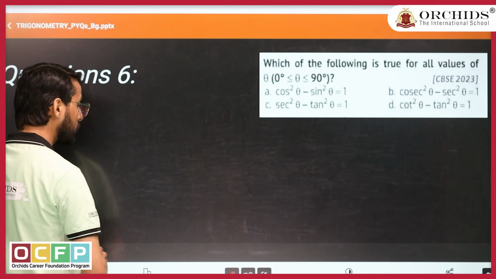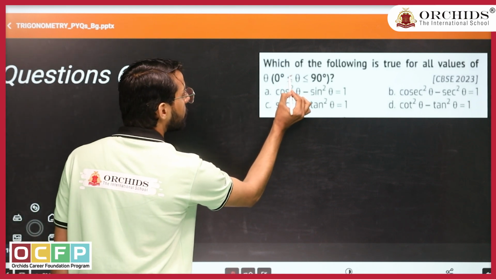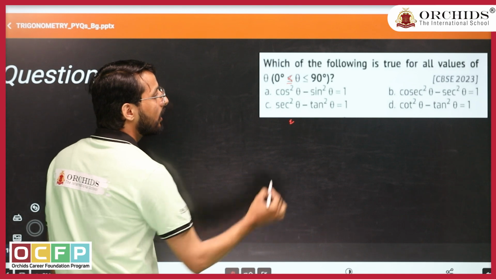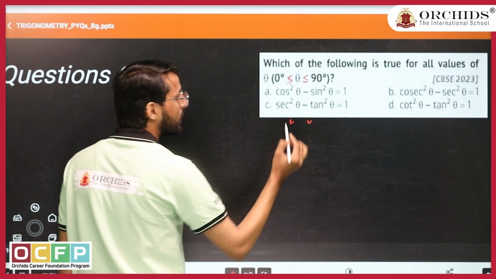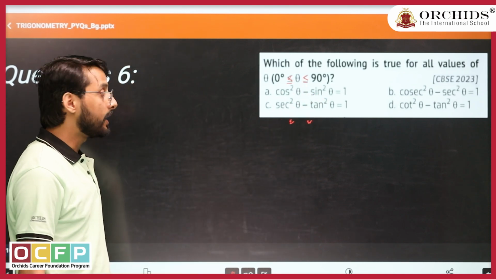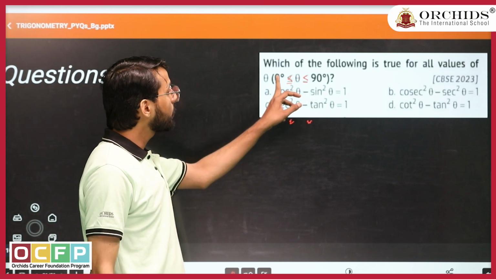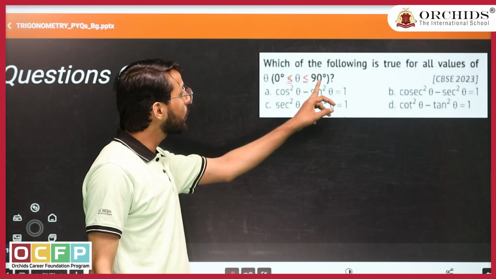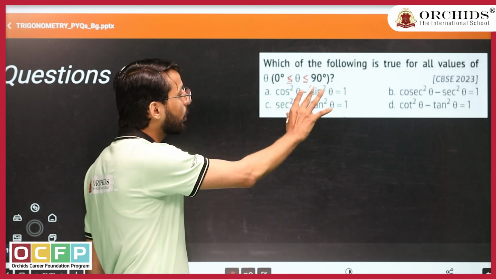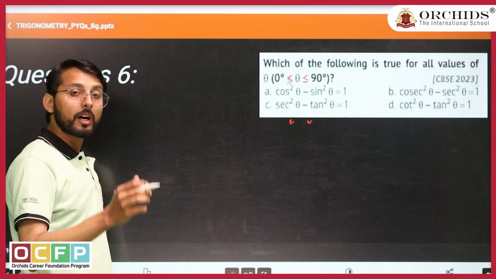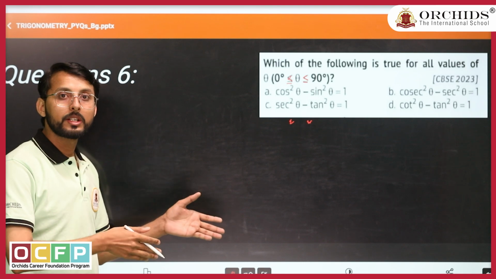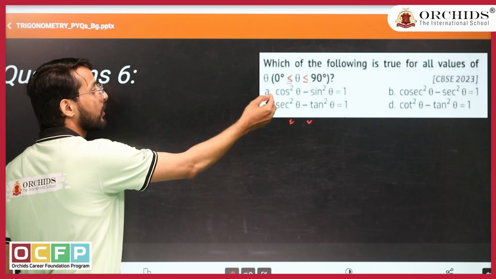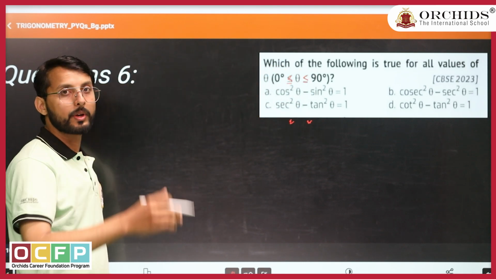How can we include 0 and 90? You can see this symbol, equals to is also there. This is a different kind of inequality where theta belongs between 0 to 90, including 0 and 90 also. So out of 4 options, without taking your pen, can you do it? Suppose cos square theta minus sin square theta, what is coming to your mind?